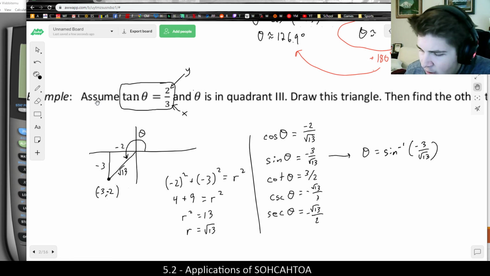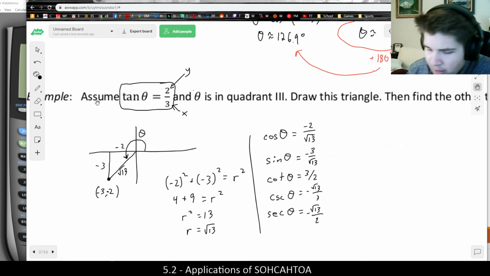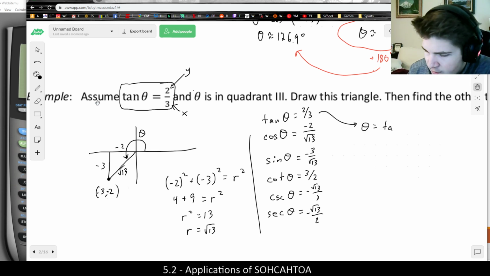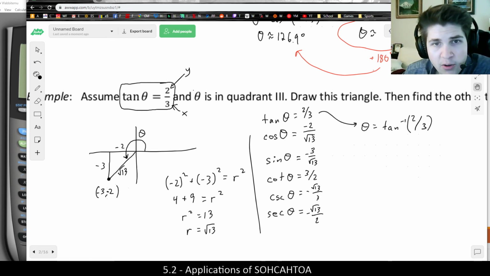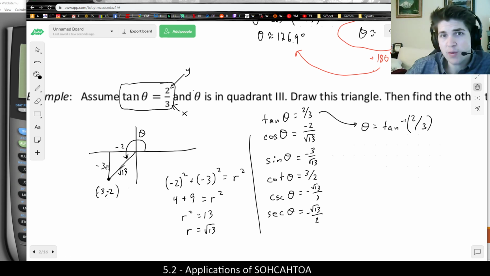And again, how I know which one to use is all about which one's easiest. If I just start with tan theta is equal to 2/3, theta is equal to the arctan of 2/3, which is going to be in quadrant 1, because arctan only gives us answers in quadrant 4 and quadrant 1 based on its original range.